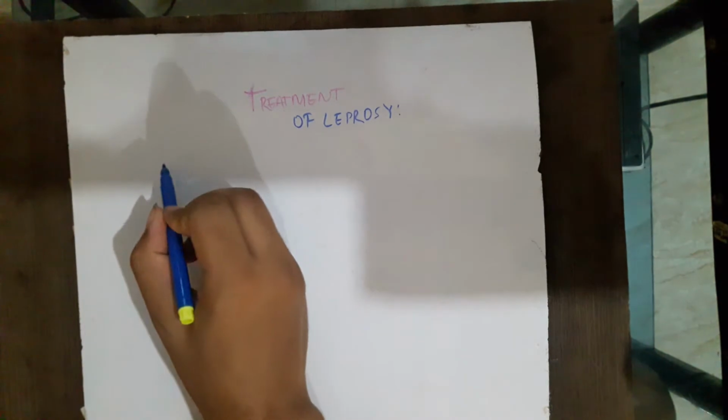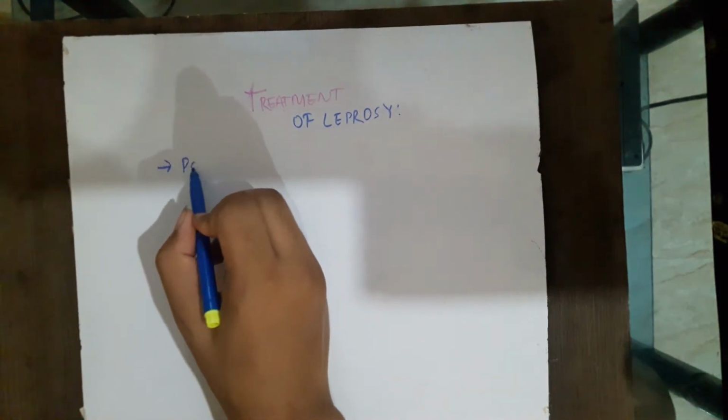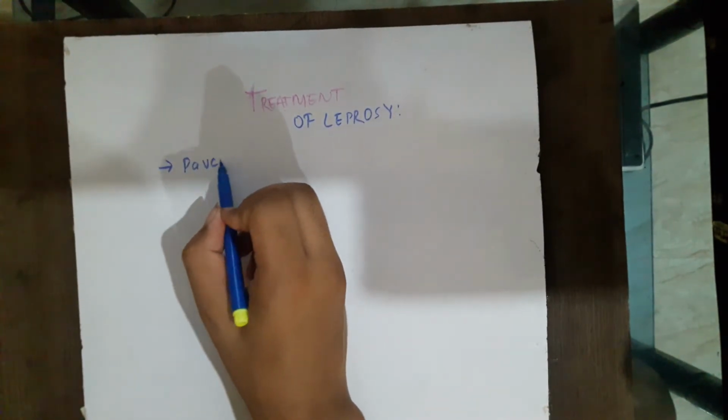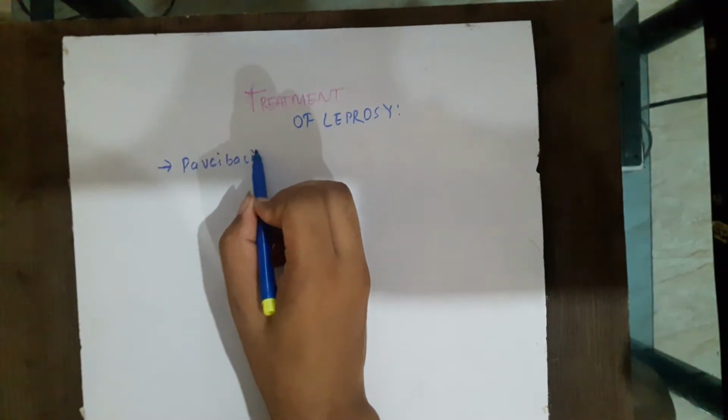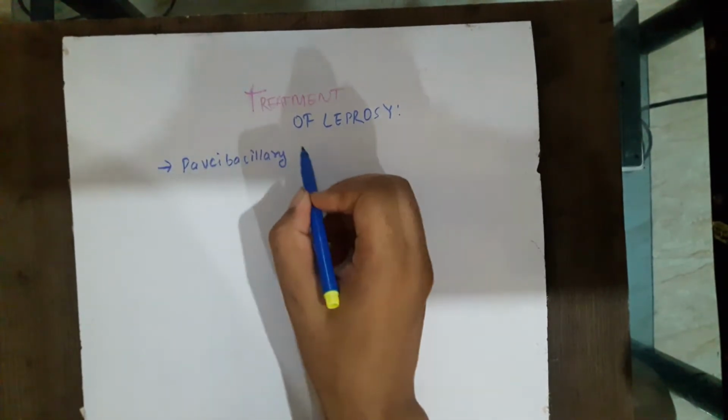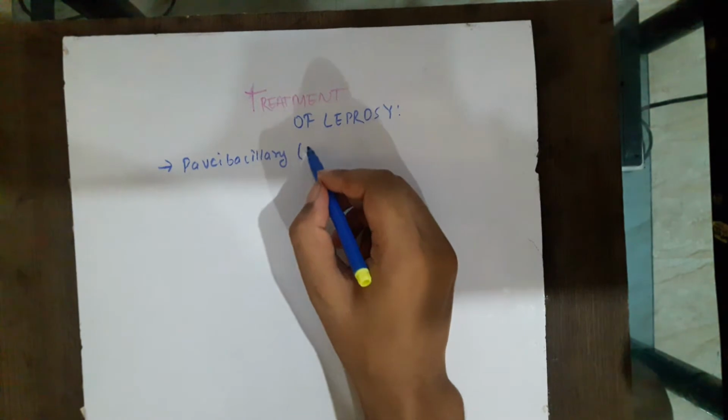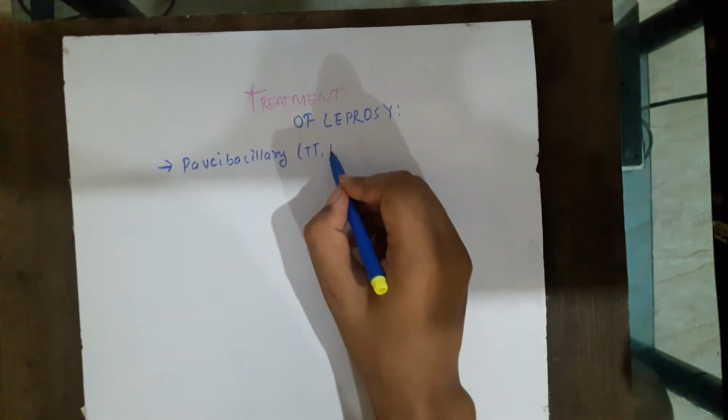So we have paucibacillary and multibacillary leprosy, and paucibacillary includes tuberculoid and borderline tuberculoid.